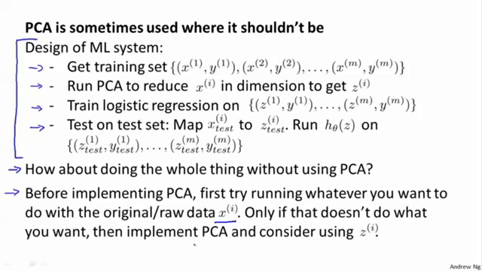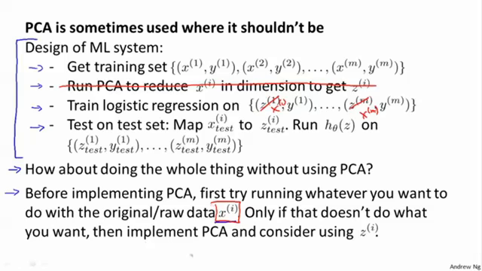So before using PCA to reduce the dimension of the data, I would consider, let's ditch this PCA step, and let's just train my learning algorithm on my original data. Let's just use my original raw inputs xi. And only if you have a reason to believe that doesn't work.